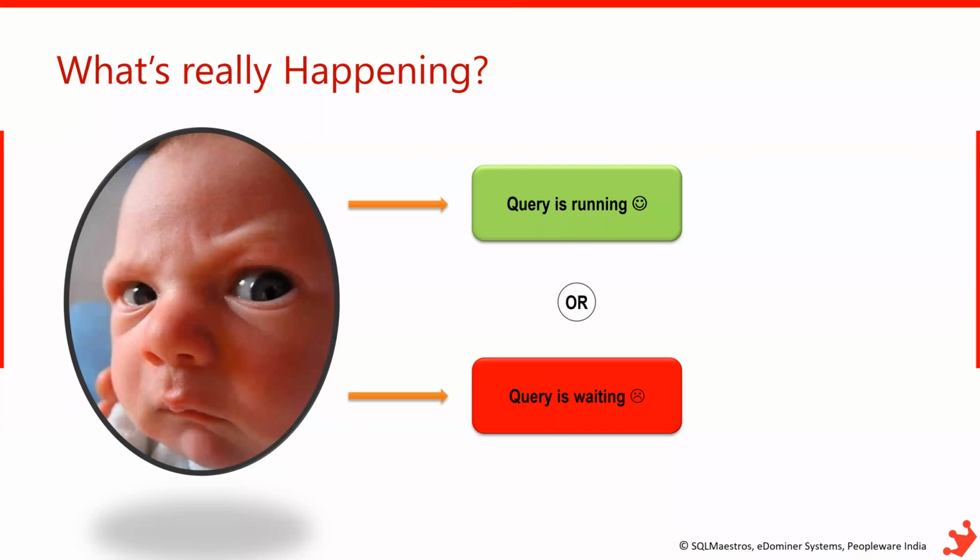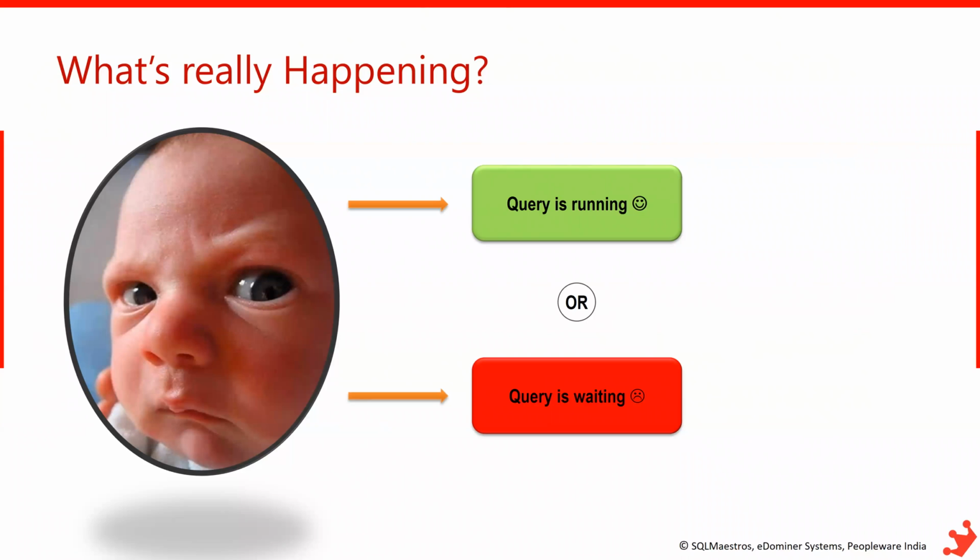Let's take a small example again. You say select star from this big table with 1 billion rows, and you say order by a particular column on which there is no index, which means SQL Server will have to do an in-memory sort. For such an operation, it might need a lot of memory, and there might not be enough memory on the box. So what will happen? Your query will have to wait. It will have to wait for a memory grant. Likewise, it might have to wait for CPU cycles if there is a heavy CPU bottleneck.